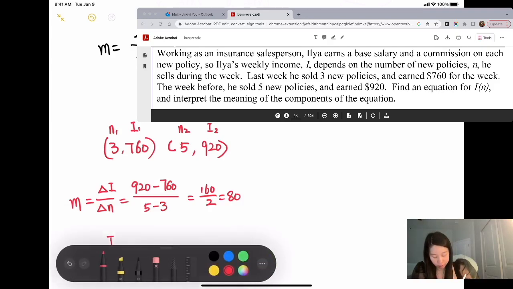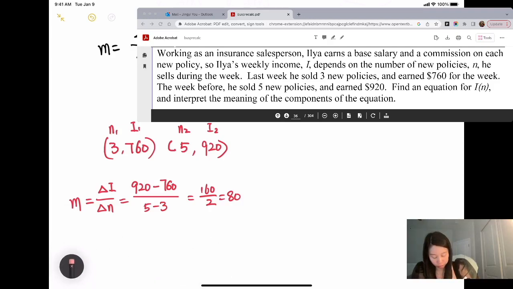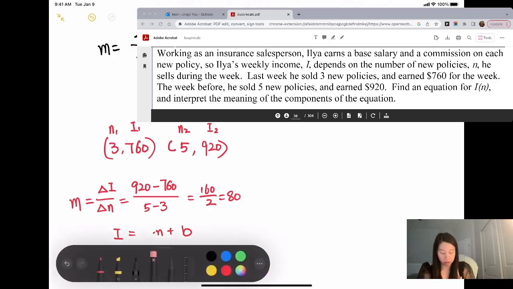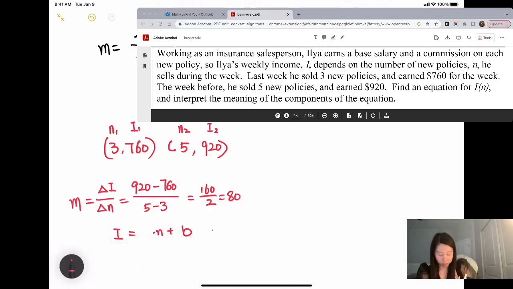Let me write this down first. I equals m times n plus b. m is the slope, b is the intercept. Since we just found the slope equals 80, which one do you want to plug in? Let's plug in the first one, it looks easier for me.